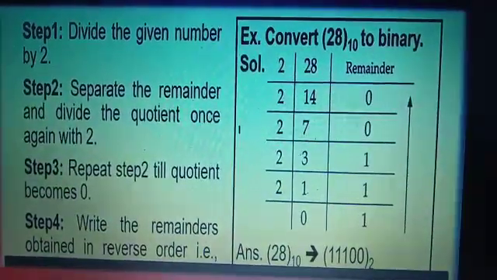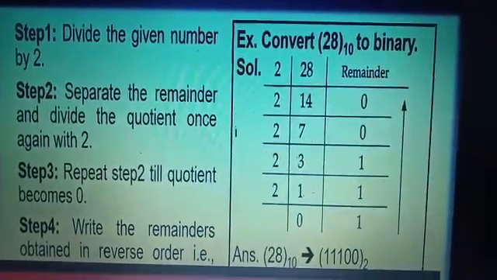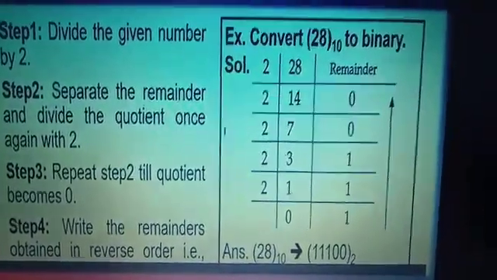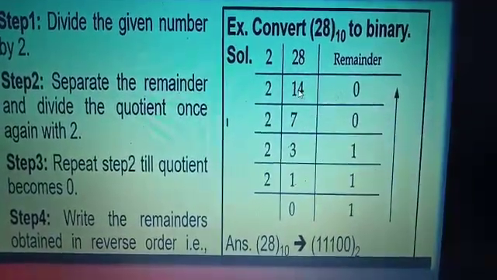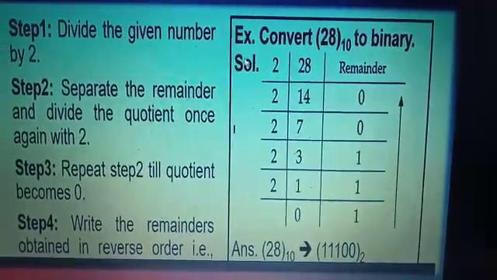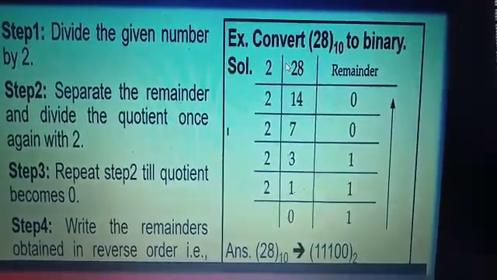See the example. Convert 28 base 10 to binary. First step, divide the given number by 2.